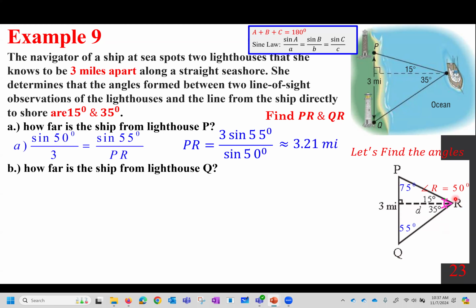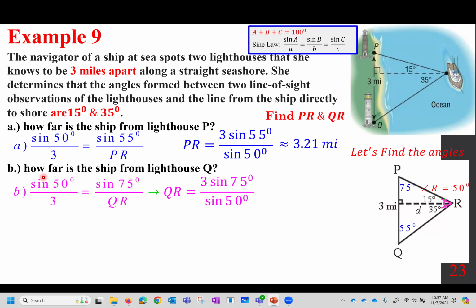This time, sine of 75 over QR, which means QR or RQ, whatever, is the product of these two, 3 times sine of 75 divided by sine of 50. And put it into a calculator, you get 3.78 miles.